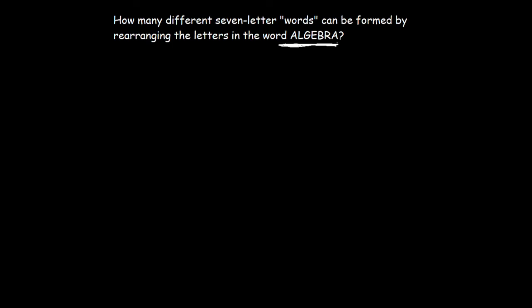In my last video, which I will link in the description box below, I talked about basic permutation problems and how to solve them. In that video, I talked about the basic permutation formula that you should always know. This can be denoted in several different ways, but the permutation formula is n factorial all over n minus r factorial.